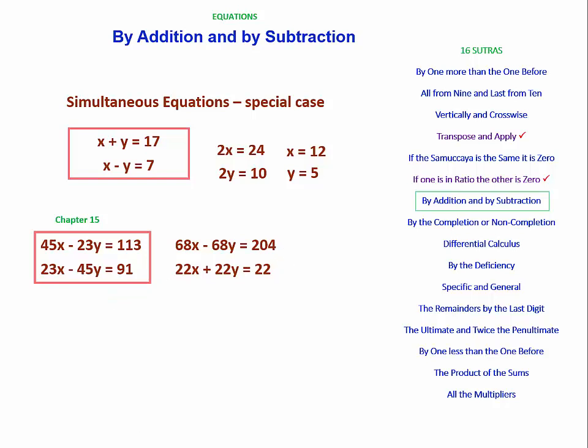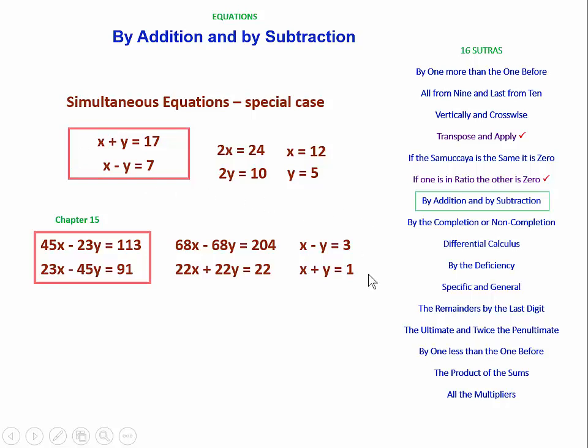If we divide the first one through by 68 we get x minus y equals 3. If we divide the second one there by 22 we get x plus y equals 1. And we see we've got a pair of equations similar to what we had up here, and so we can apply the addition and subtraction method a second time.